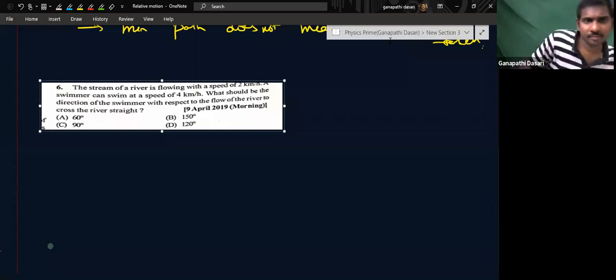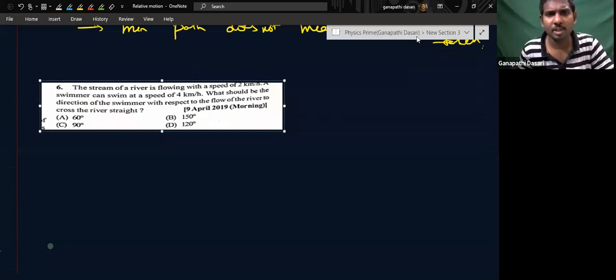See this question. The stream of a river is flowing with a speed of 2 km/h. A swimmer can swim at a speed of 4 km/h. What should be the direction of the swimmer with respect to the flow of the river to cross the river straight?